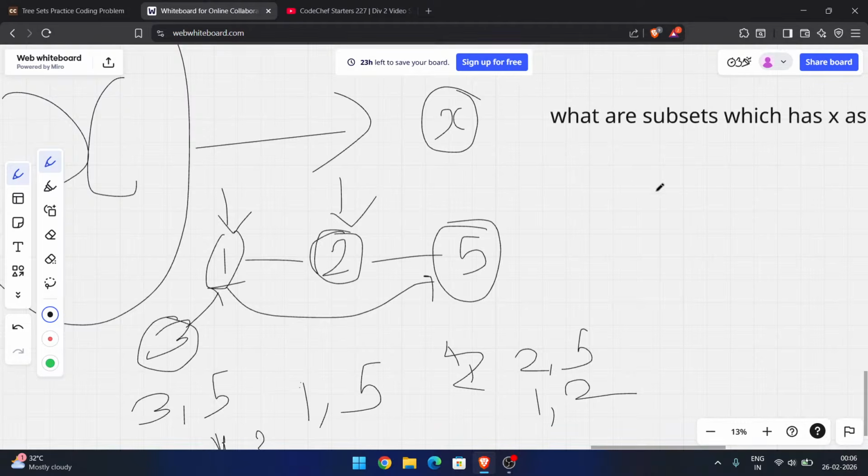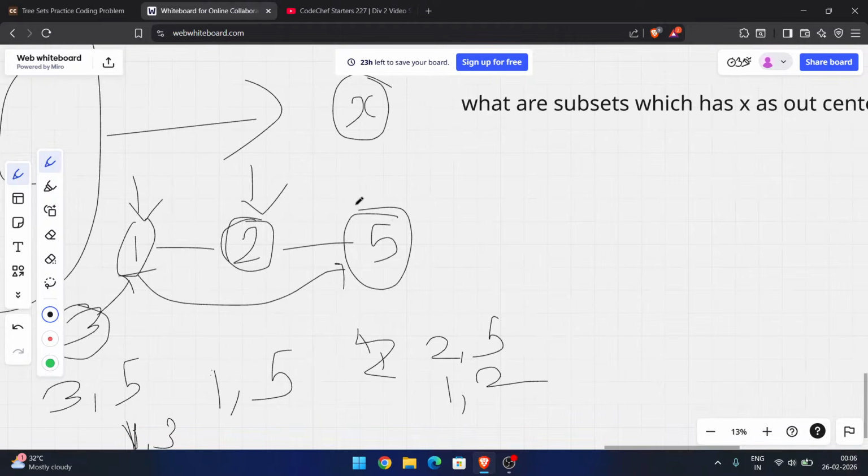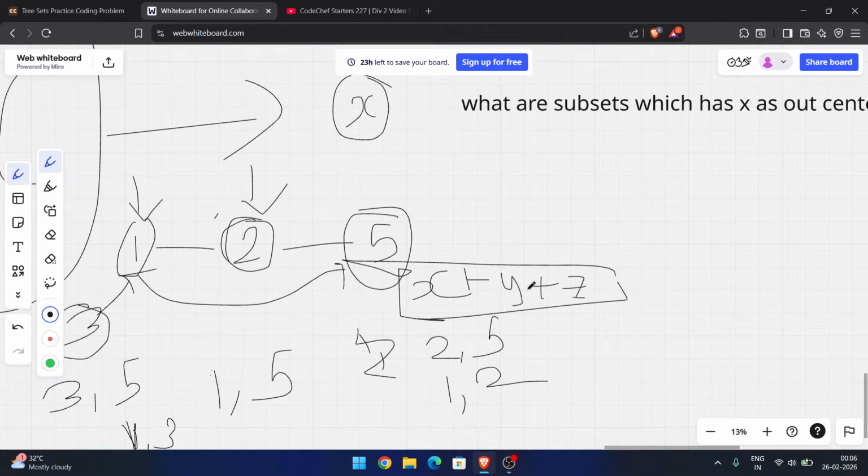Looking at a vertex individually, we calculate how many good sets form which have it as the center. Suppose there are x good sets for these two, y good sets for this one, and z for 5. If we simply sum all of these, we get the answer.